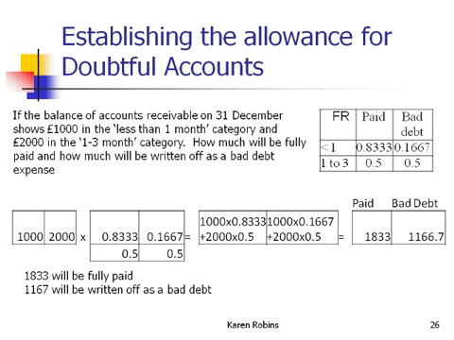So if we calculate this, we get 1,833 who are fully paid, and 1,166.67 who end up in a bad debt position.